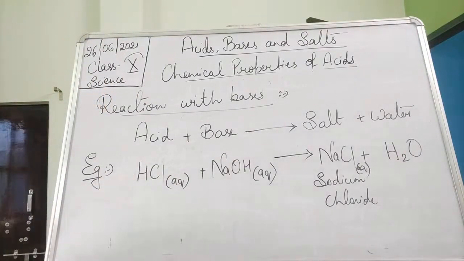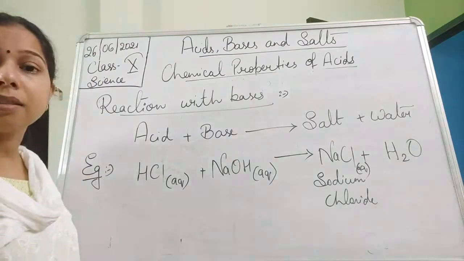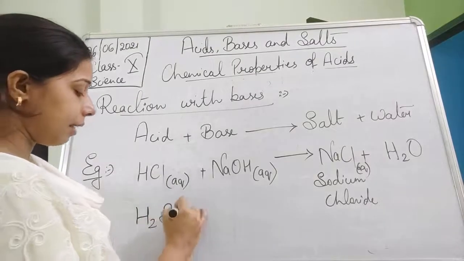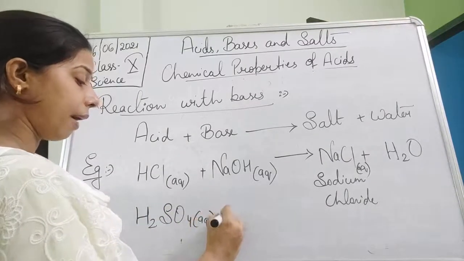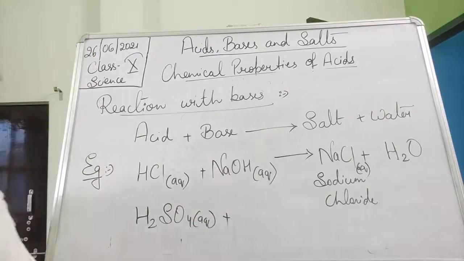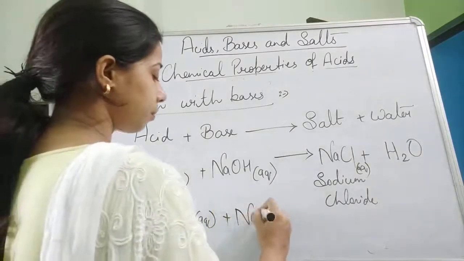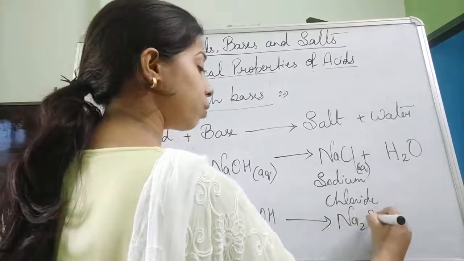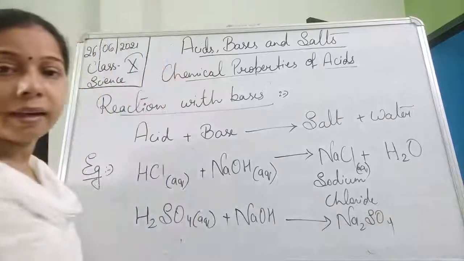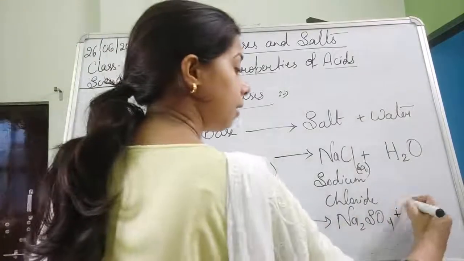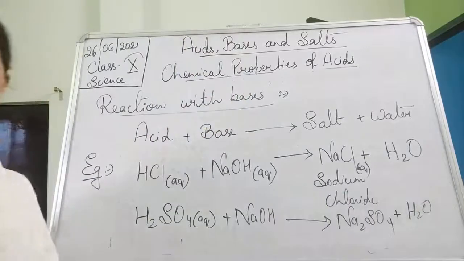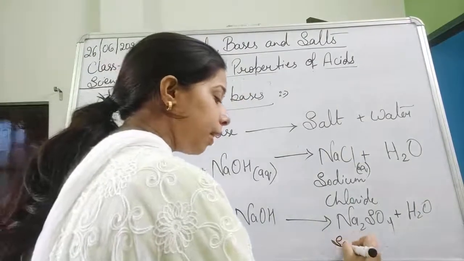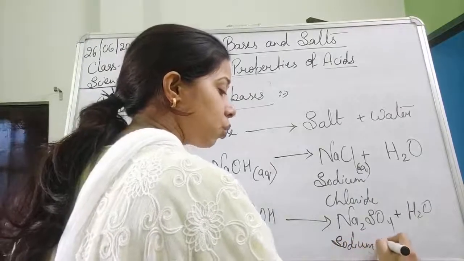The second example we can take here, students, is with sulfuric acid. Suppose we have taken sulfuric acid, which is aqueous, and a base, NaOH. Again there is a formation of Na2SO4 plus H2O. This is sodium sulfate, which is a salt.